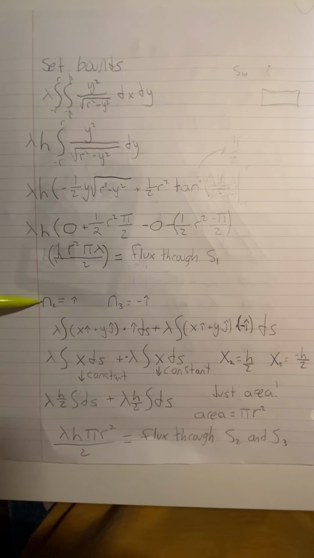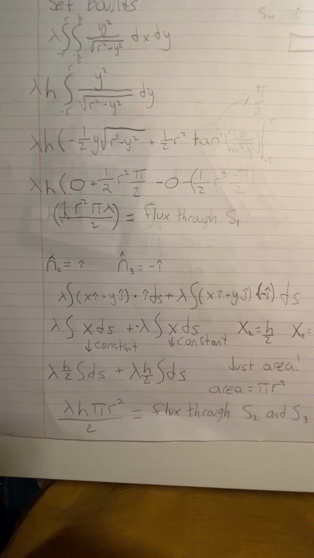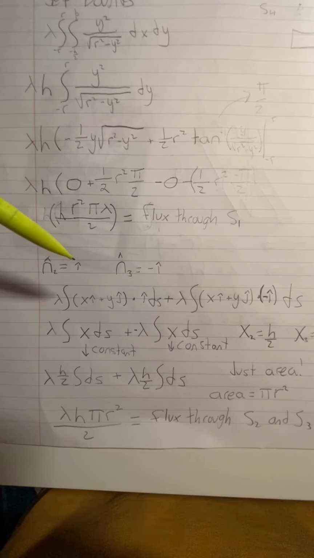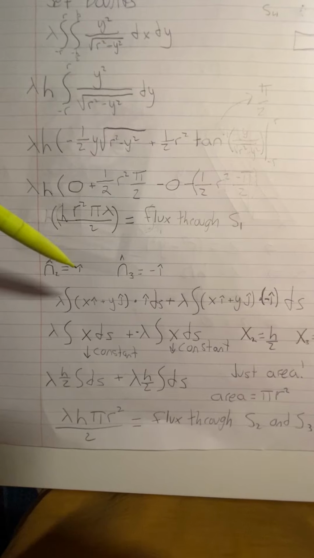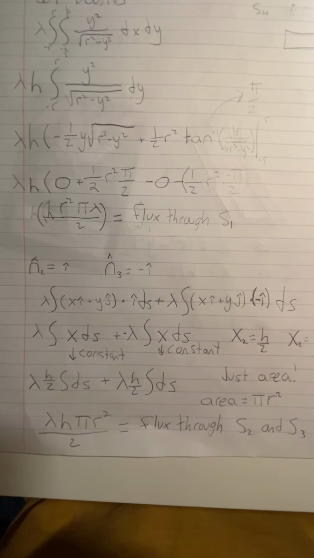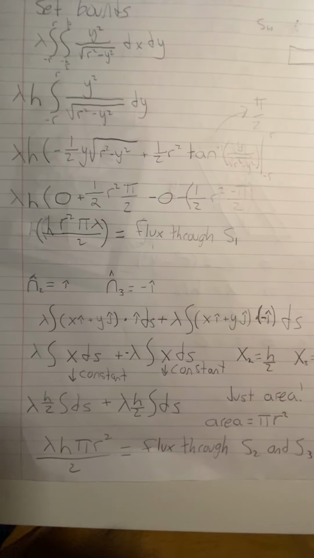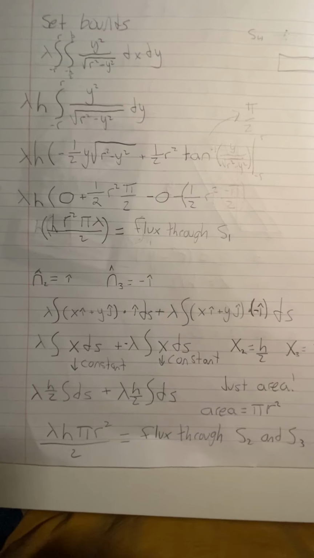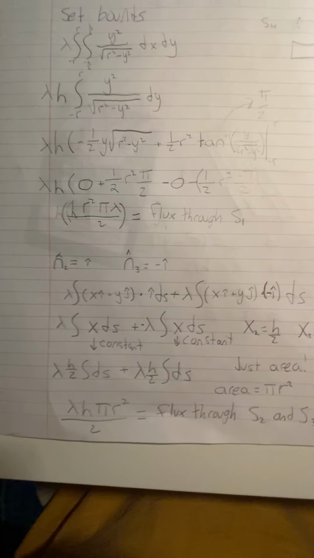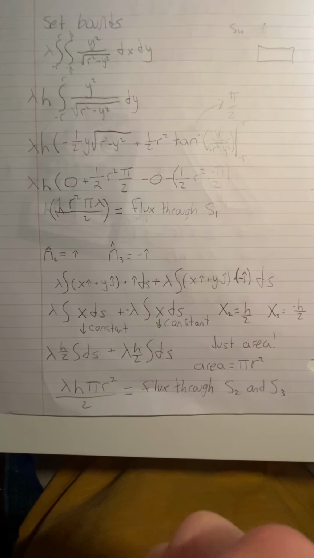Then we want to find n hat for the second and third surface, and that's just i hat and negative i hat, because these surfaces lie in the YZ plane, so their normal vector will be along the X axis, which is just i hat.